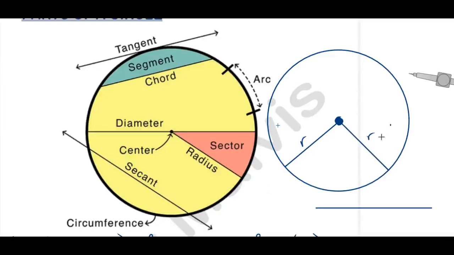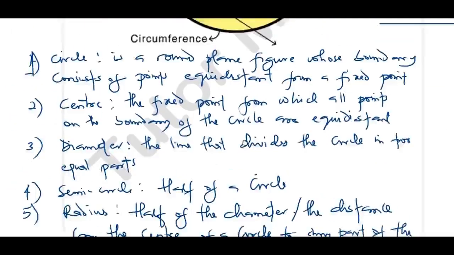So this is a radius and this is a radius. So now, this section that is created by these two radii is known as a sector. As you can see, from here to here is a radius, from here to here is another radius. So the area created by two radii is known as a sector.